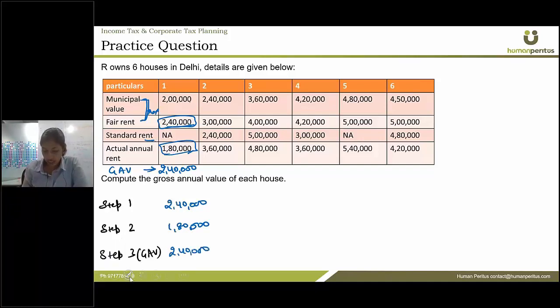Now in the second case, okay guys, now tell me what is the value in step 1. What is expected rent in step 1 in this second case?